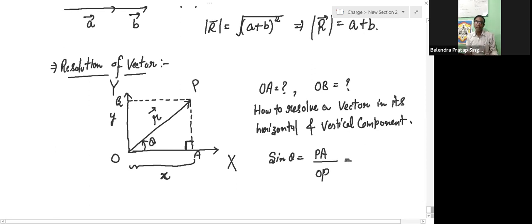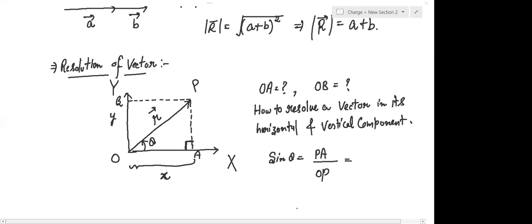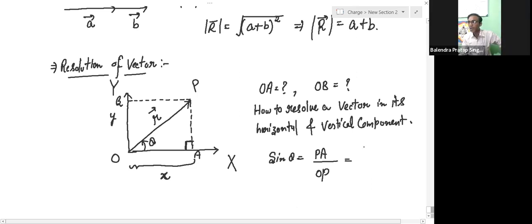Now next, what is the value of PA here? What is the value of PA, Abdul? Any other? Shafullah, can you tell me the answer? What is the value of PA here? It's a small y. So it's small y divided by OP.